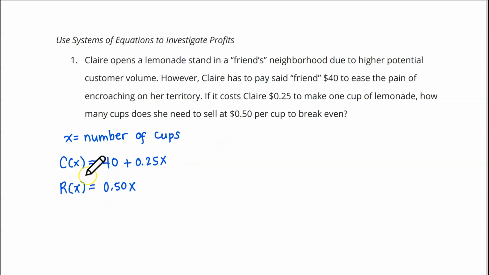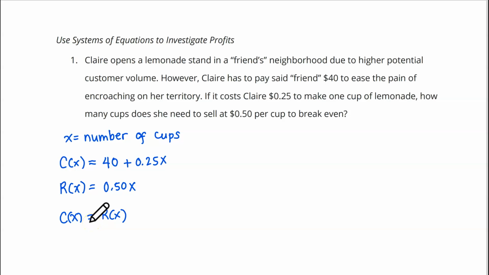Now to compute the break-even point, you just need to equate your cost function and the revenue function. If the cost is equal to the revenue or return function, that's the break-even, and the x that satisfies this equation is the break-even point.